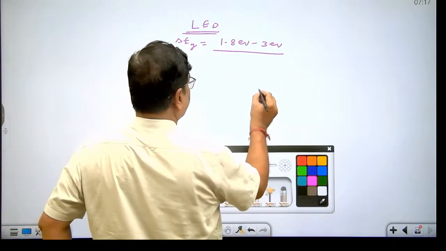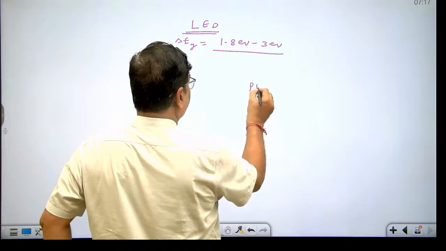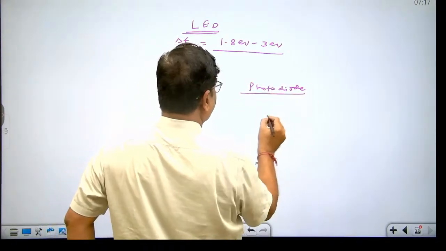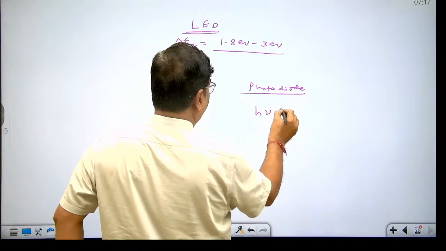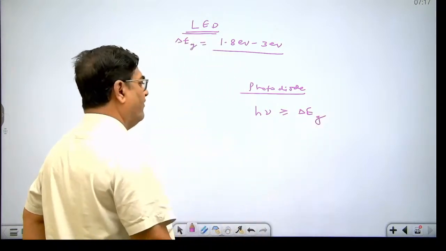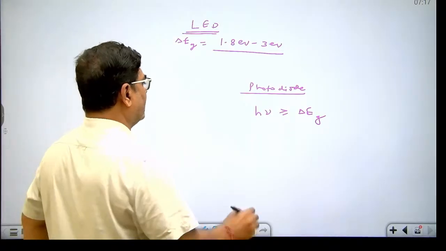Now, dear student, let's see working of photodiode. In case of photodiode, when energy of photon remains greater than or equal to forbidden energy gap, then extra current starts flowing in the circuit.